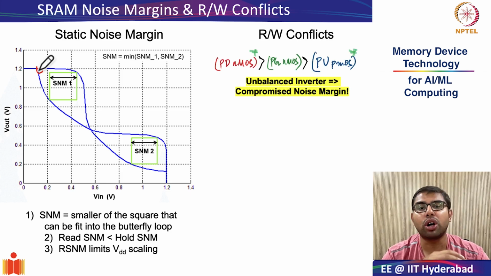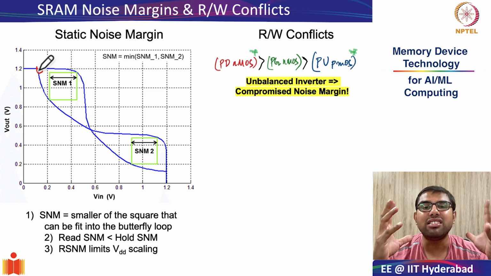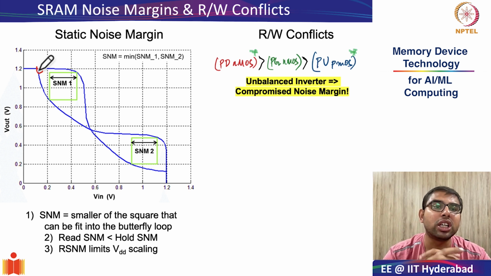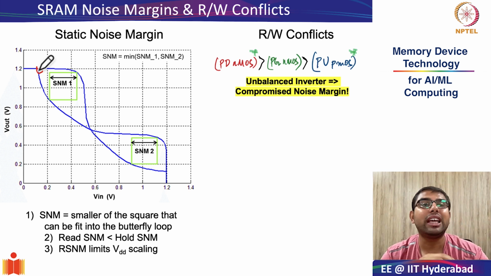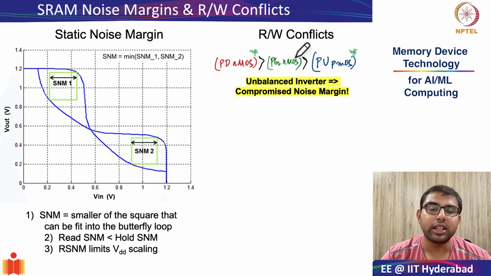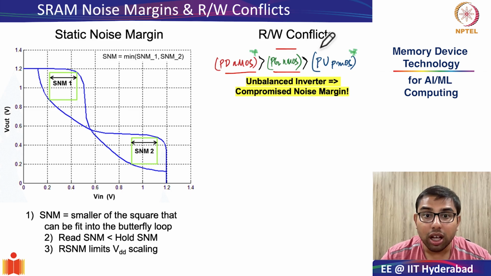Another thing that we saw is that there are these very distinct read-write conflicts when you compare with even noise margin. As we saw in the previous slide, the cell ratio ensures that PD-NMOS should be stronger than PG-NMOS, and the pull ratio ensures that PG-NMOS should be stronger than PU-PMOS.